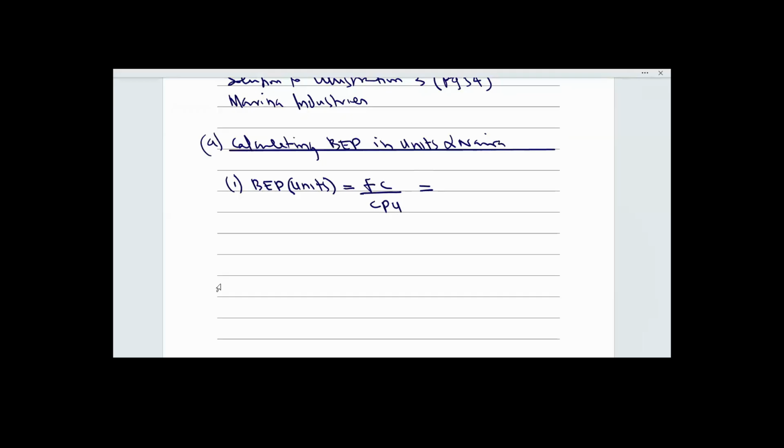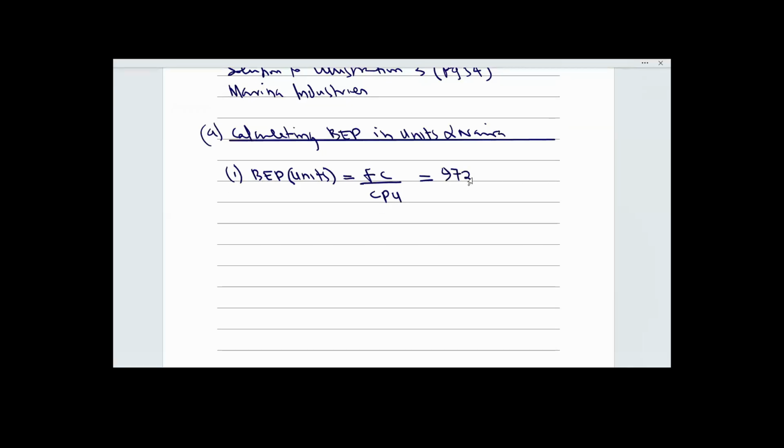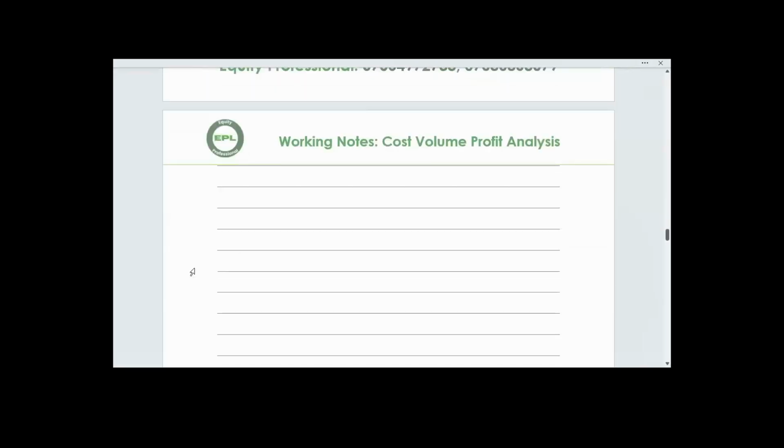We are given fixed cost of 972,000 divided by, I need contribution per unit. Then we go and do work somewhere. Let's say this is our working.